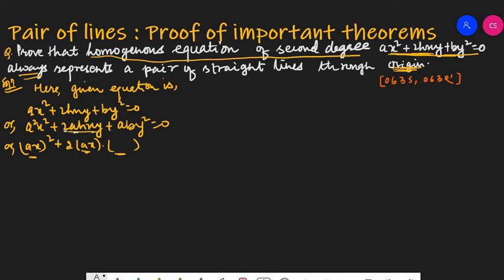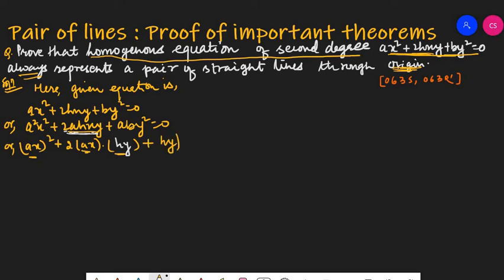What is left? hy is left. Remember, when you multiply this 2 into ax into hy, it must give the above middle term. Is it coming or not? Let's see. 2 into a into h into xy is 2ahxy, and it is exactly equal to the second term of this equation. Okay. So plus b square.